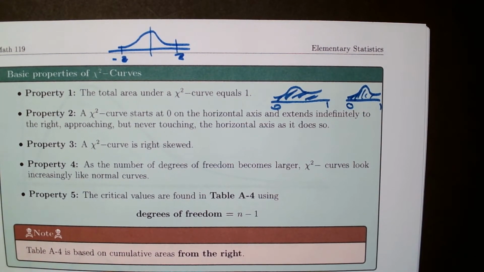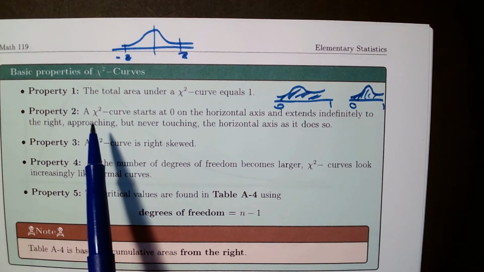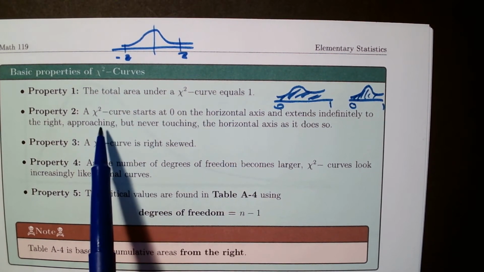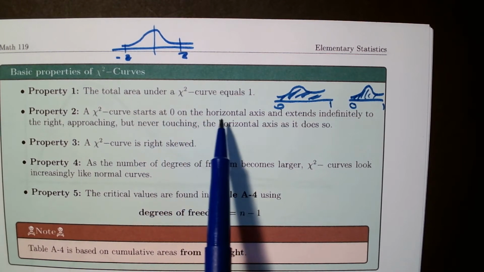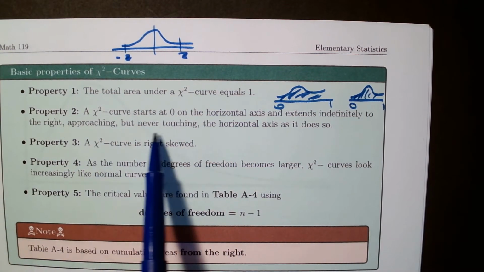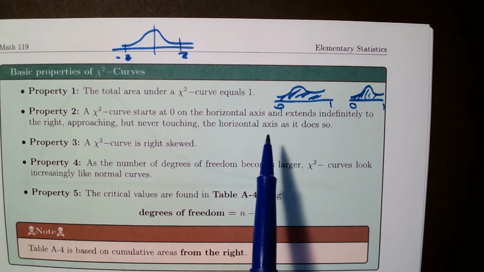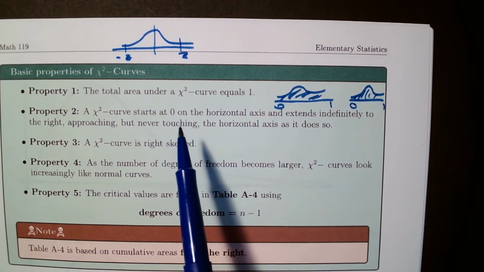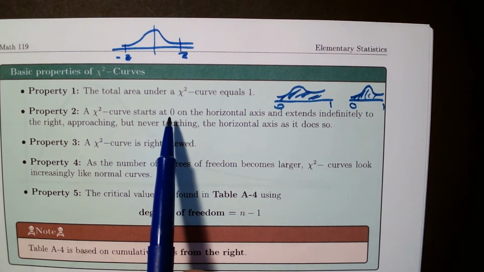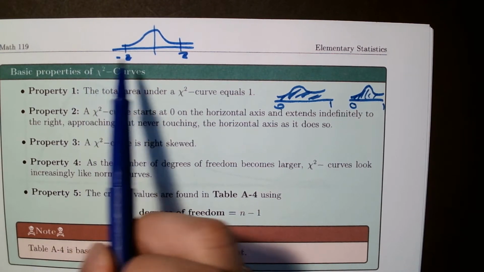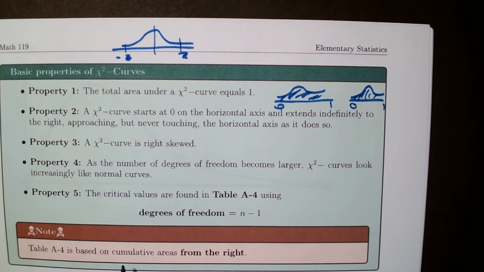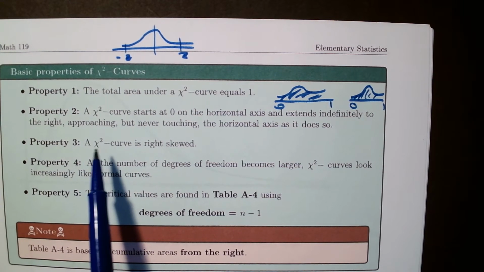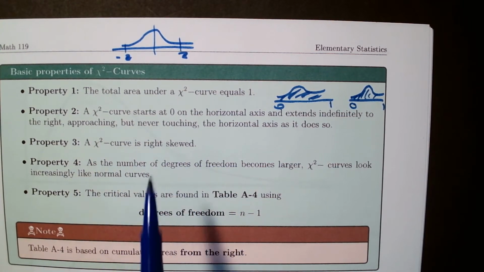Now, for the chi-square distribution, it starts at 0 and goes on indefinitely, never touching the horizontal axis, just like the normal distribution. But as opposed to that, it only includes positive values. It doesn't start from a negative number to a positive number. It starts from 0 and goes all the way to a really big number. As we mentioned in the previous page, the chi-square curve is right skewed.